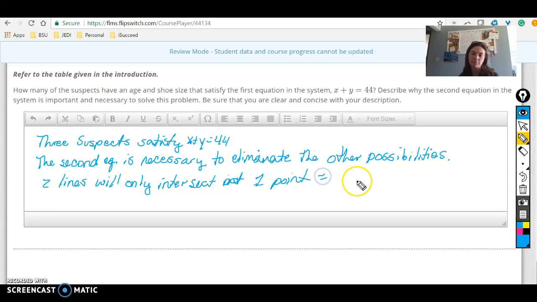And that means one solution. Okay, so type something in that neighborhood and you will be just fine.